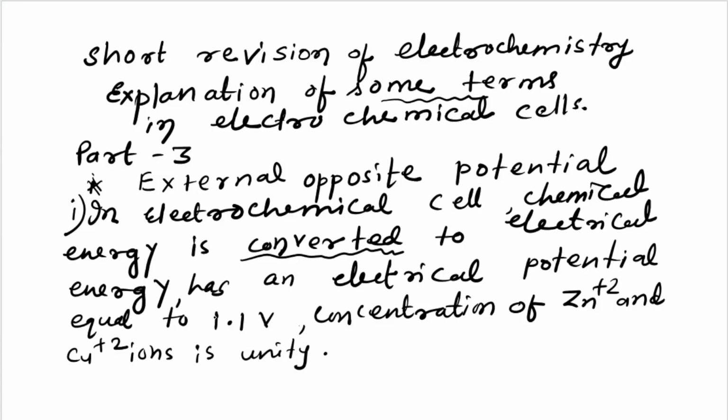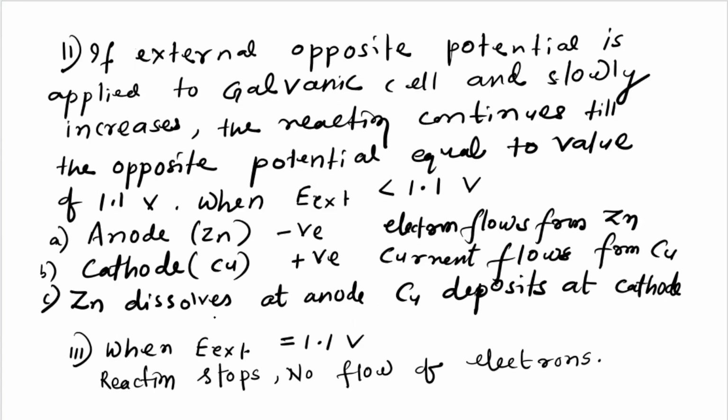Unity means 1 M. So in this electrochemical cell, the electrical potential is 1.1 volts and the zinc and copper ion concentration is 1 molar.